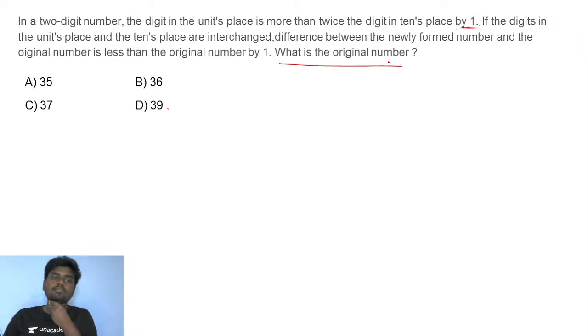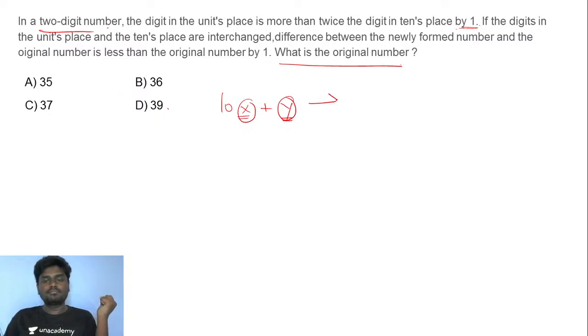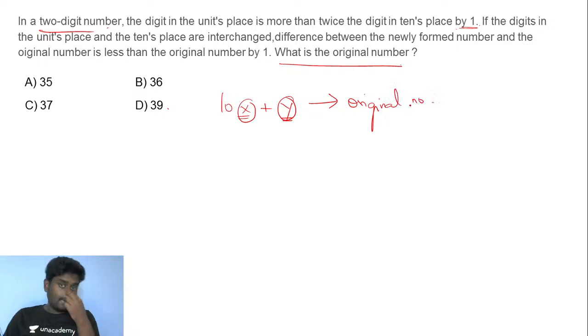Okay. So guys, what can we do exactly? You have a two-digit number. Can I take that two-digit number to be 10x plus y, where x is the digit in tens place and y is the digit in units place? So let's say this is my two-digit number, the original number. Now the digit in the units place is more than twice the digit in tens place by 1.